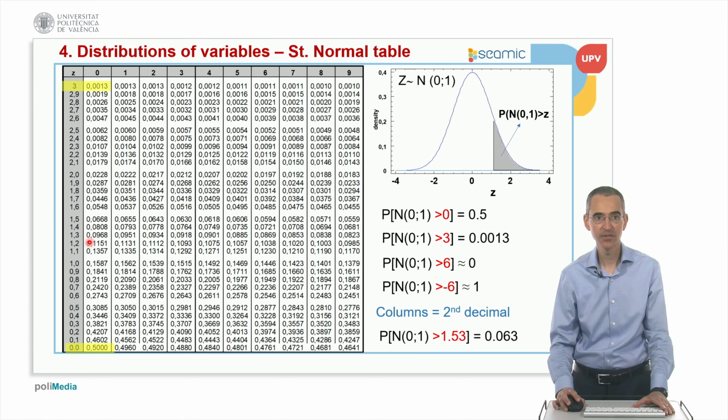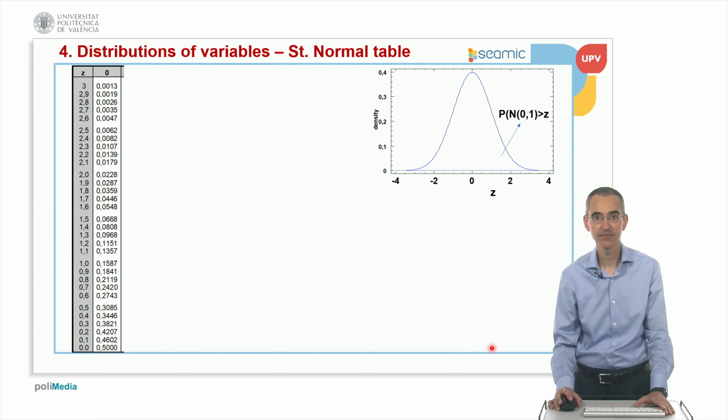We have to go to the value 1.5, and then the second decimal is 3, so we should go here, 1.53, and then we reach here, and so the value 0.063 is the solution according to this table. Okay, so good. But usually we can say that the first column is the most important to understand how it works.